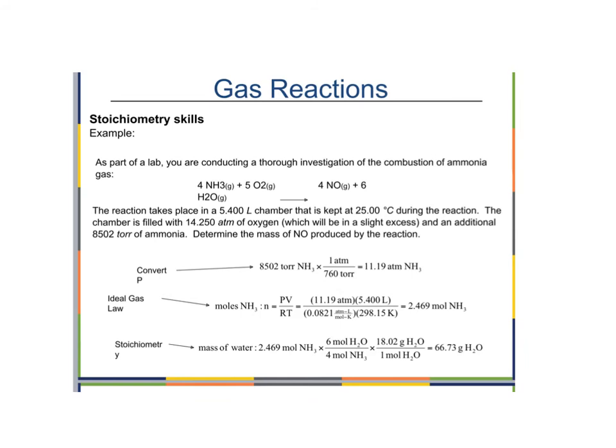Again, we can look at this stoichiometrically. As you're conducting an experiment and you look at the combustion of ammonia, you can have all these conditions given to you, and you can determine the mass of NO that was produced in that sample.